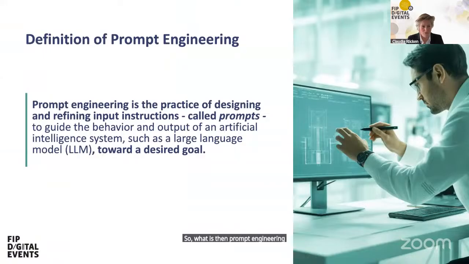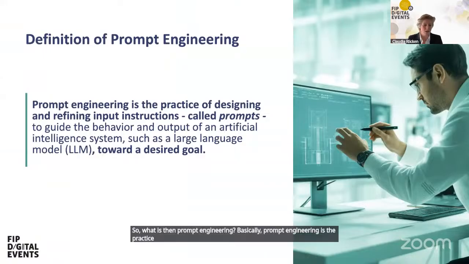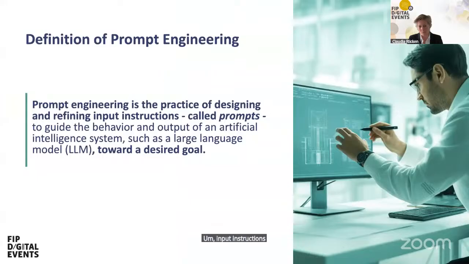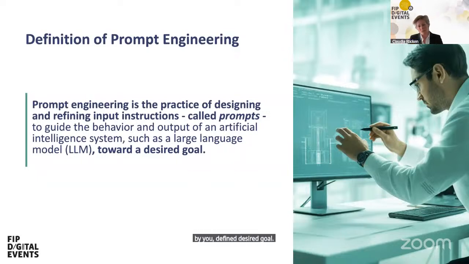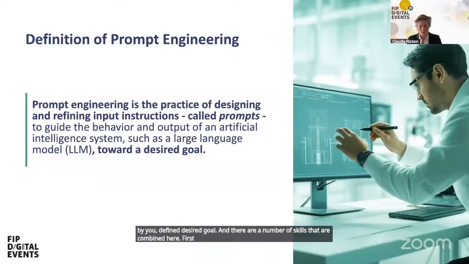Basically, prompt engineering is the practice of designing and refining input instructions. So it means that you learn to speak the AI language. And it guides the behavior and the output of the AI systems towards a by you defined desired goal. And there are a number of skills that are combined here. First, it's the wording and the formatting.